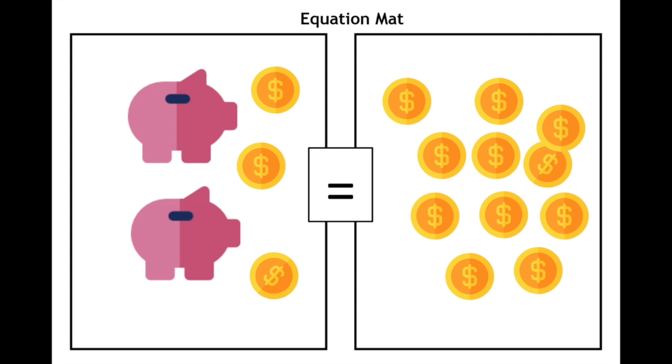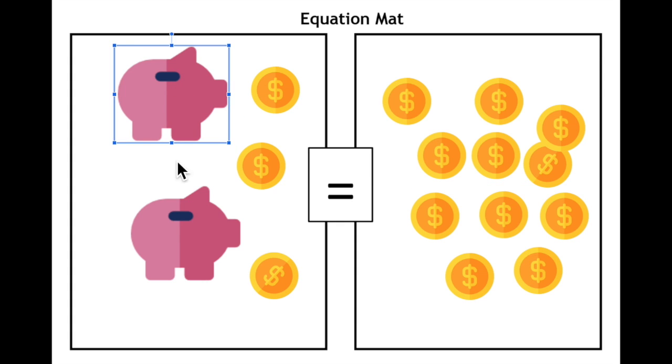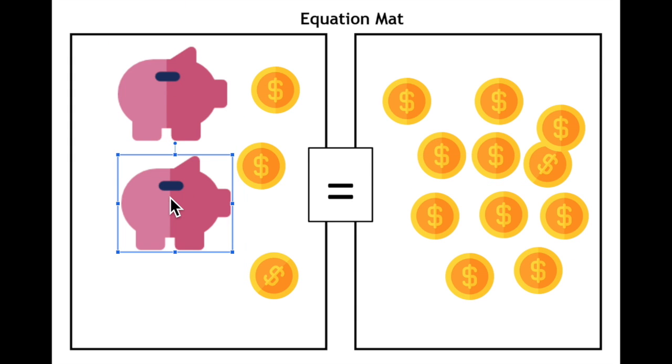Okay, let's look at this problem here. Again, remember that the number of coins on this side has to be the same as the number of coins on this side because we have this equal sign in between. Okay, so I have 2 little piggies and they each have the exact same number of coins.